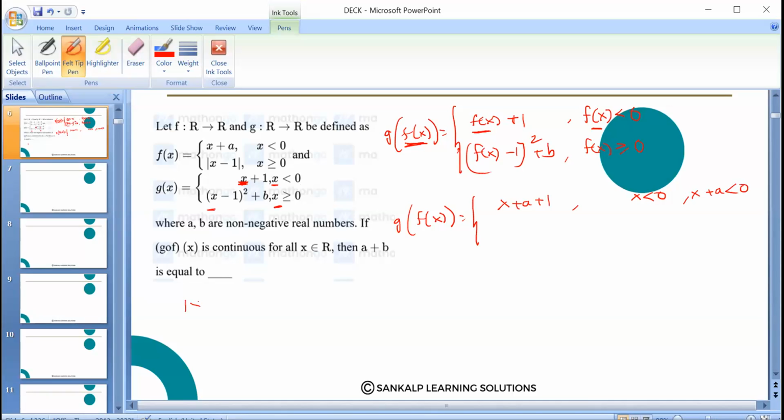Now for mod of x minus 1, we have x minus 1 when x is greater than or equal to 1, and 1 minus x for x less than 1. Because we are talking about g now, and f of x greater than or equal to 0.